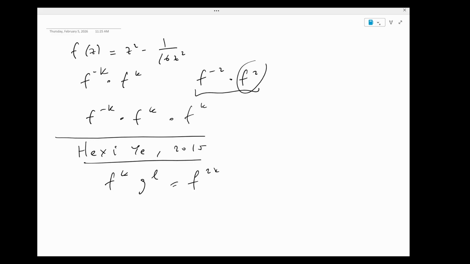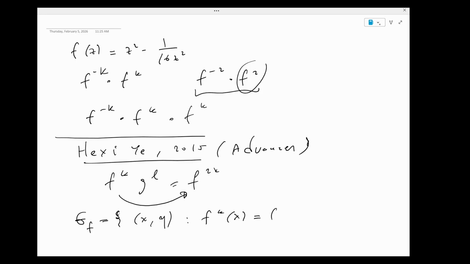It was exactly after kind of trying to put this fk to the other side. And what he realized, and he has a paper in Advances at that time, that, well, it's pretty straightforward, one needs to look at this kind of algebraic variety in C hat 2, fk of x equals fk of y. You have to look at these things. It sits in C hat 2, C hat cross C hat.